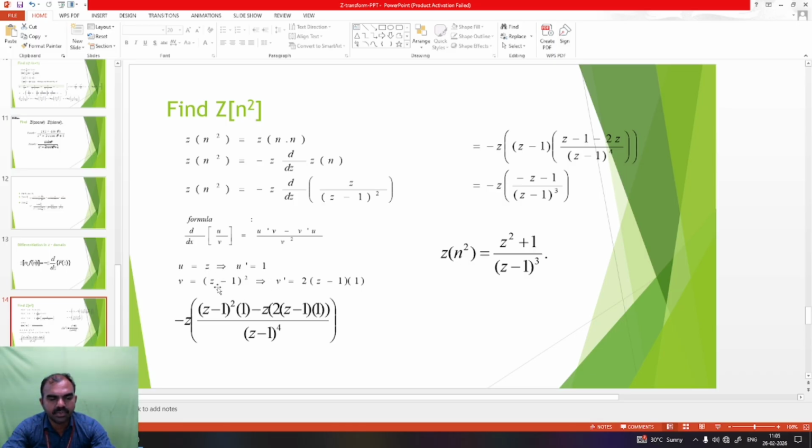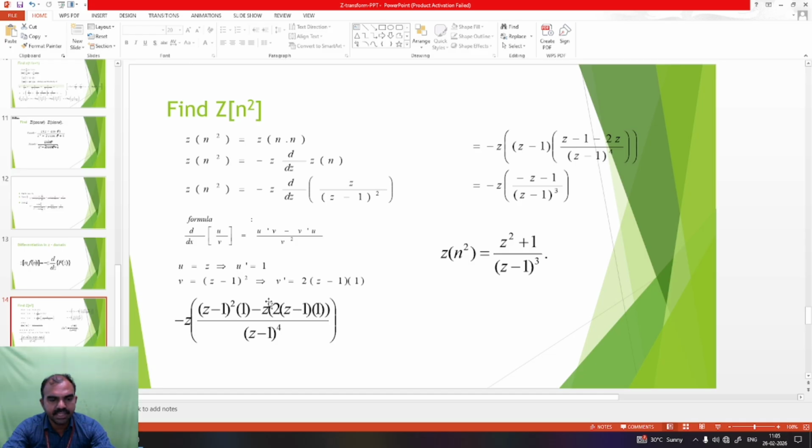Then differentiate this one, consider z minus 1 as the whole value. So the square gives a differentiation of 2, so 2 into z minus 1. Again differentiating z minus 1 with respect to z, we get 1. So this u dash and v dash, u, v values we apply in that formula.